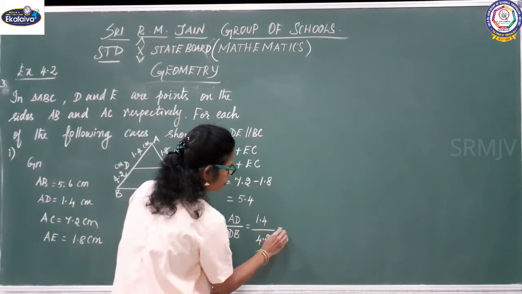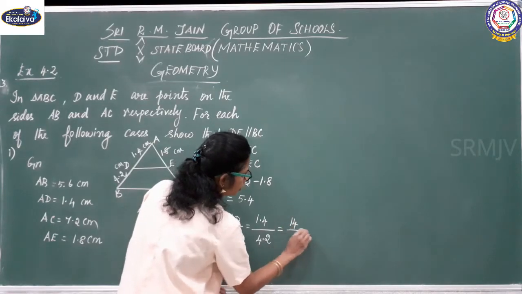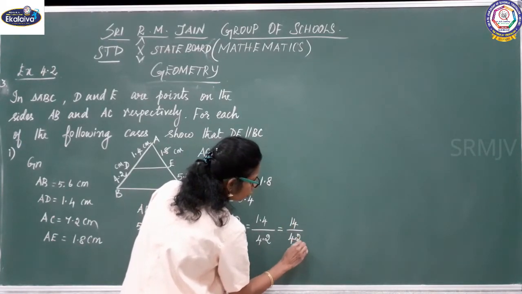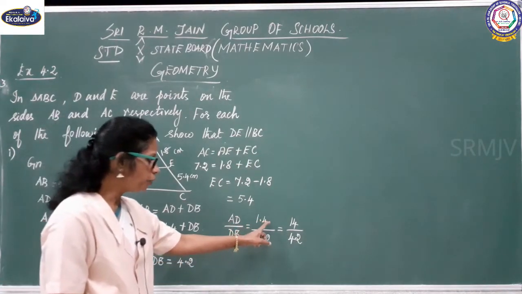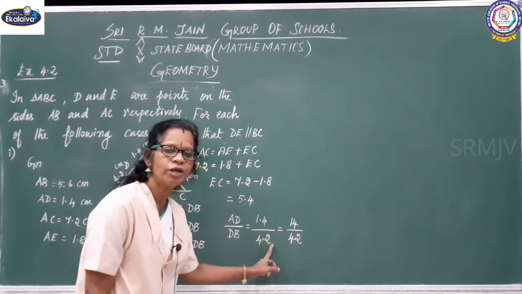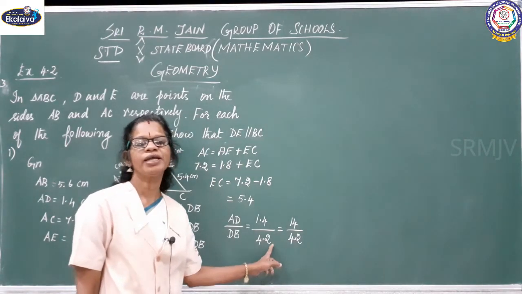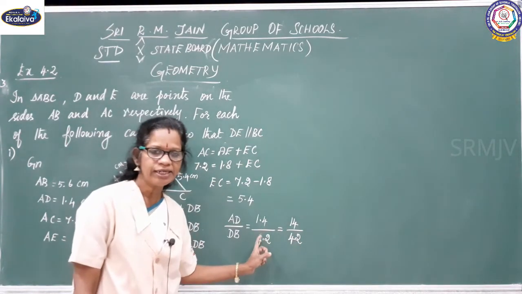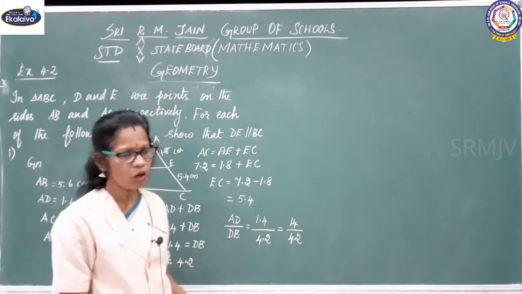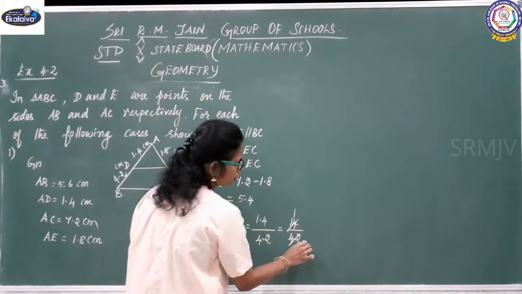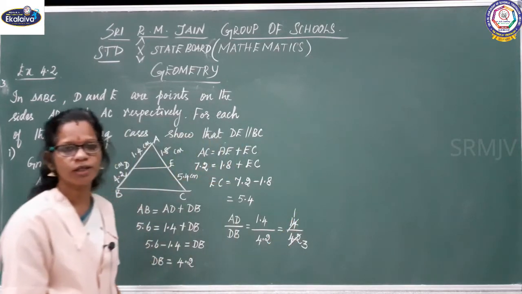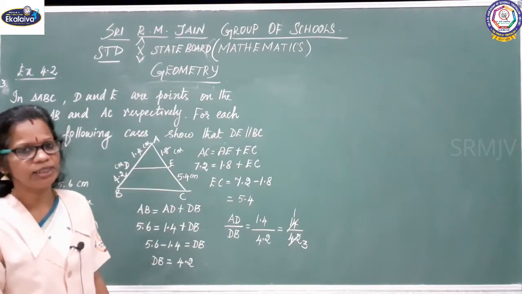Now 14 divided by 42. How did I get 14 divided by 42? Multiply both numerator and denominator by 10. You are making it a whole number. The decimal you convert into the whole number. So 14 ones are 14, 14 3s are 42.